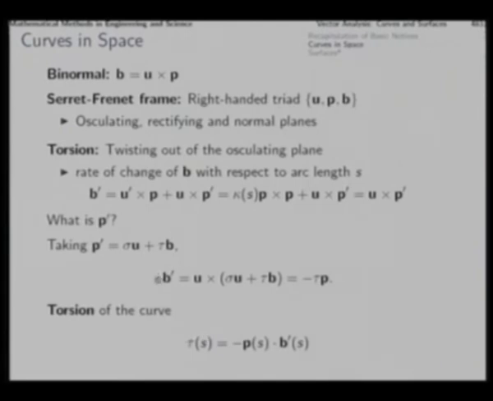You just take the inner product of this equation with p, and then you get p dot b prime, negative of that, as tau. Okay. So, from here we get first the torsion of the curve, second the derivative of the binormal, which is in this manner a vector in the direction of p itself.